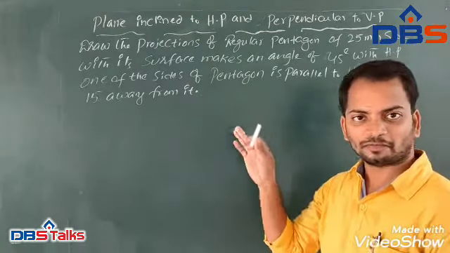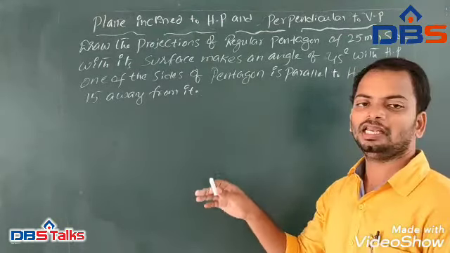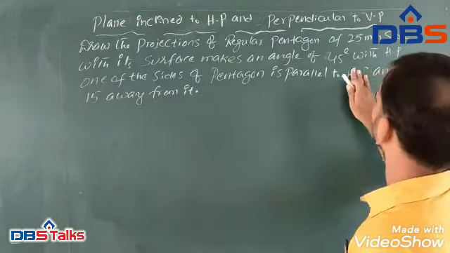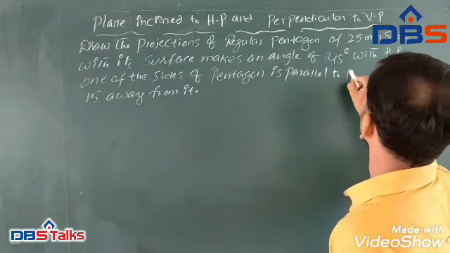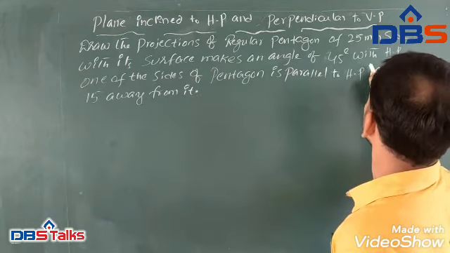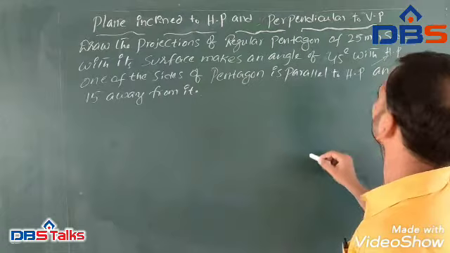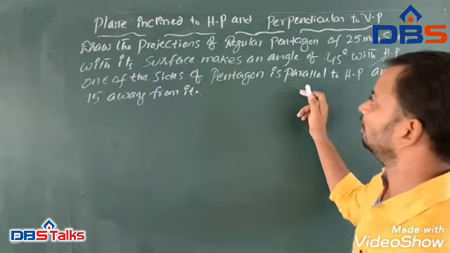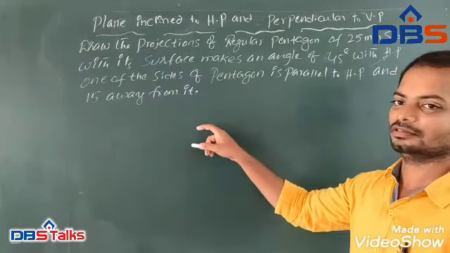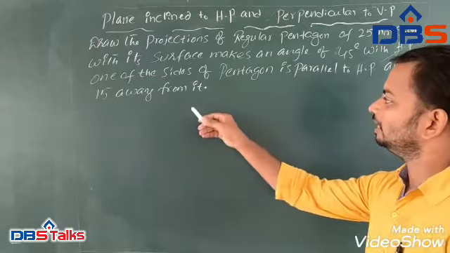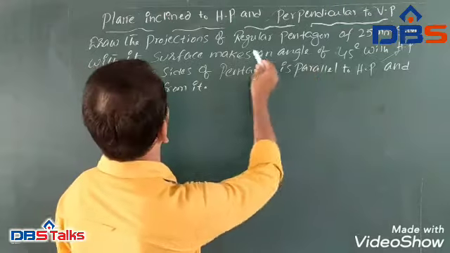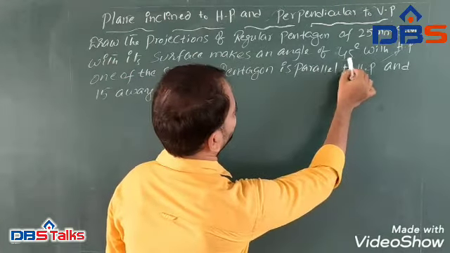So out of the 5 sides of the pentagon, one side is parallel to HP, and at the same time the surface is inclined at 45 degrees to HP.